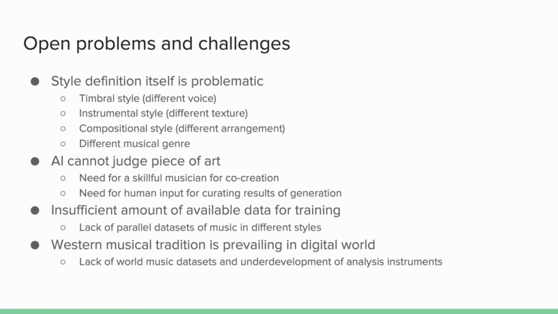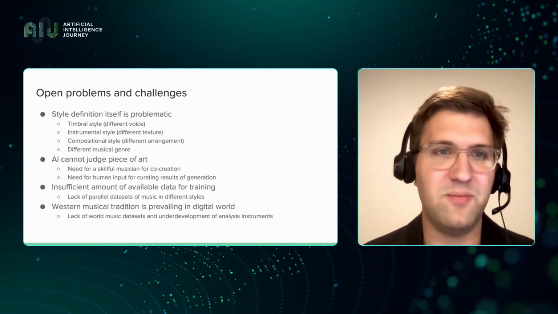In conclusion of my presentation, I wanted to give you a list of unsolved problems and challenges that this area still has. First of all, it's difficult to define what a musical style is. And there are no datasets that would define it. They just don't exist, and they cannot exist.